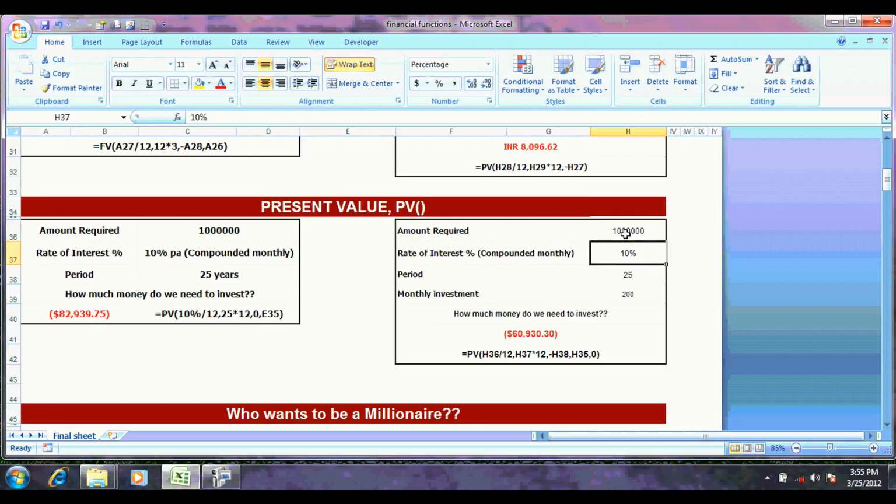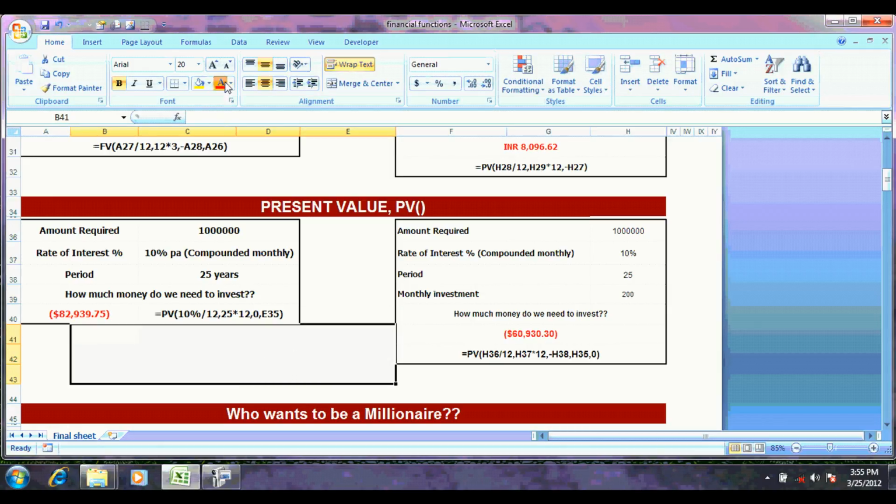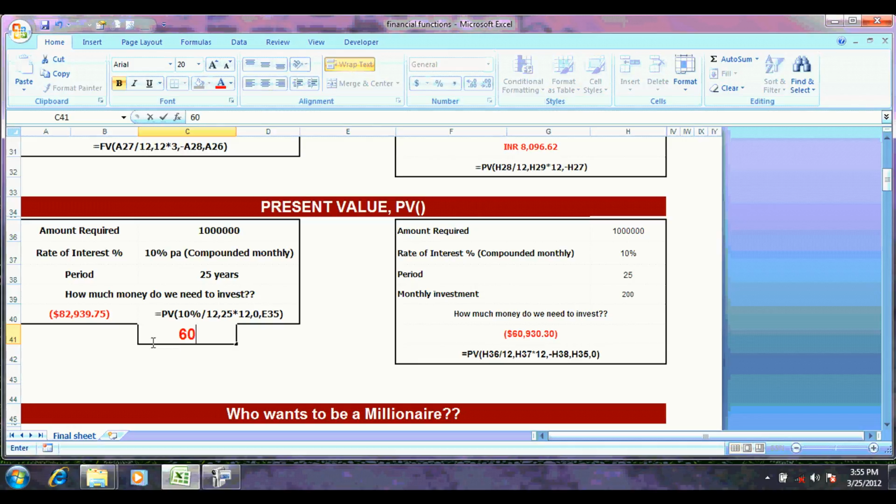Now let's do a very simple exercise. 60930, this is the amount which you need to invest.